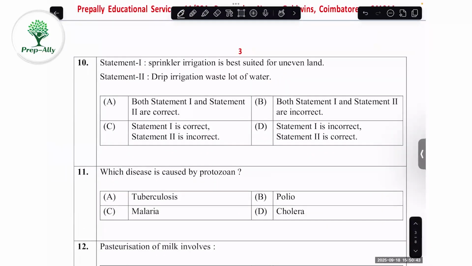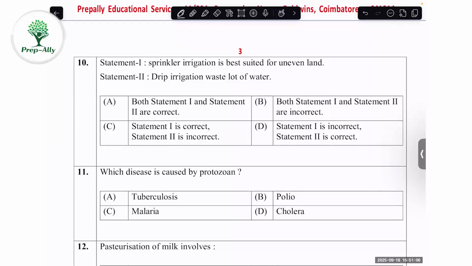10th question. Statement 1: Sprinkler irrigation is best suited for uneven land. Statement 2: Drip irrigation wastes a lot of water. If we take statement 1, sprinkler irrigation is best suited for uneven land, yes, they are good for uneven land, as we have just seen.